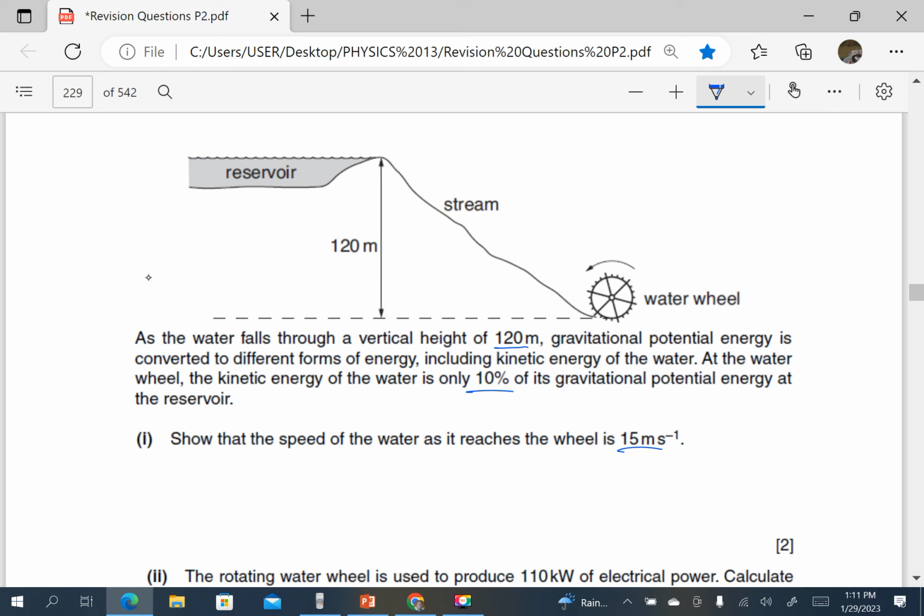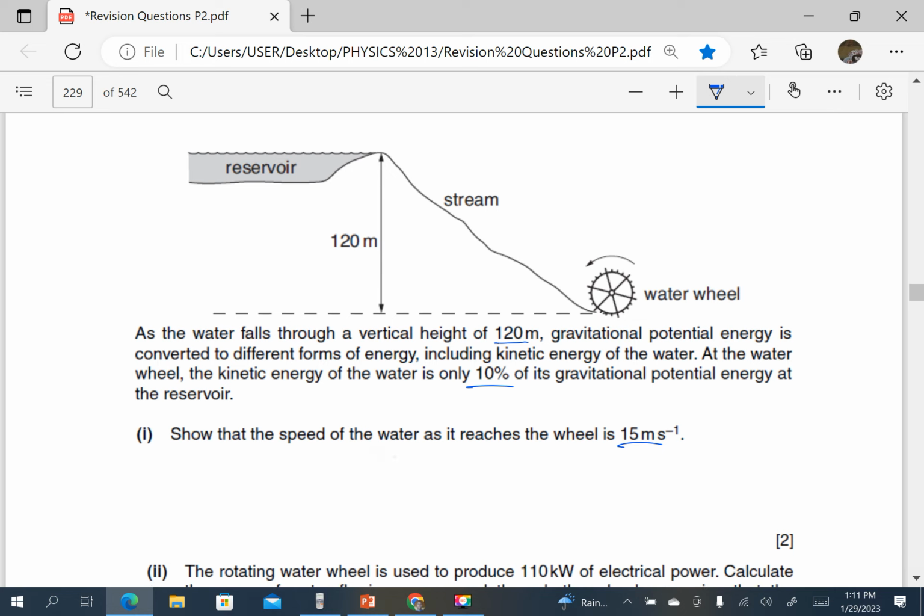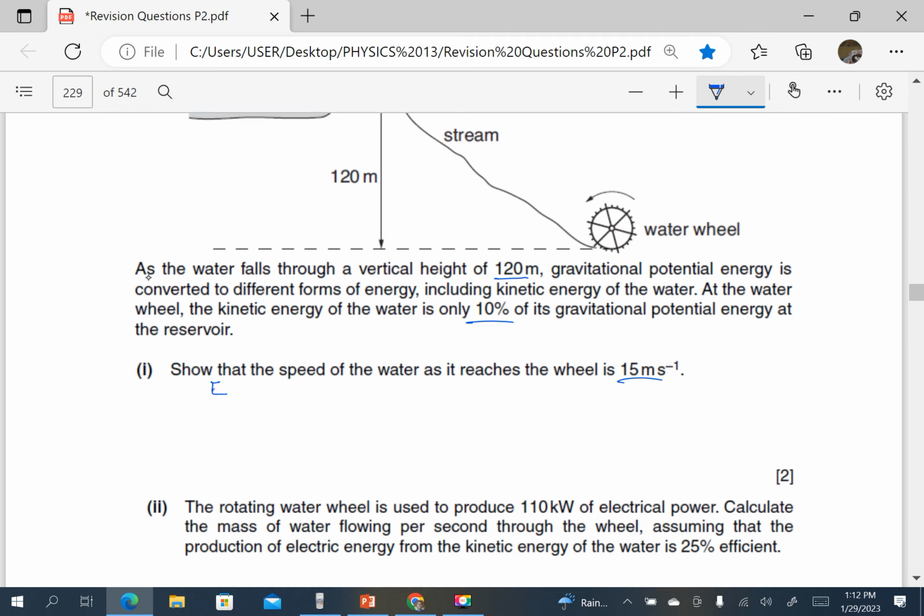So we know that potential energy is mgh, and kinetic energy is equal to a half mv squared. So only 10% of the gravitational potential energy becomes kinetic energy.